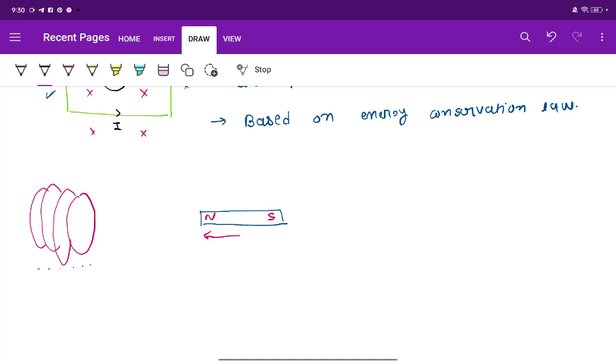So its magnetic field lines will pass through this coil, eventually creating an electric current inside the coil, right? So this induced current will produce what pole here? It will produce a north pole to oppose this external field, okay?